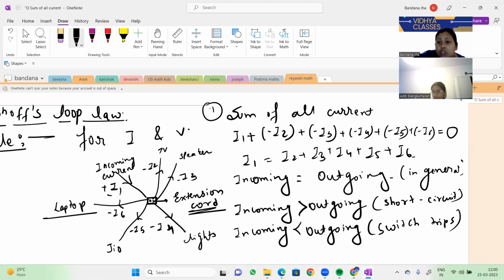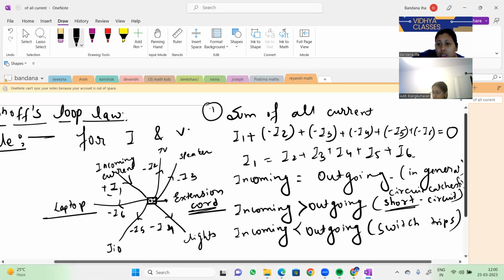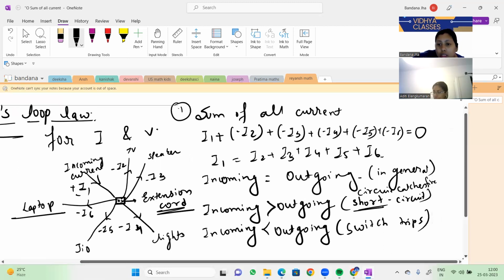In a short circuit, the circuit can catch fire, but usually the switch trips and the power is cut off.